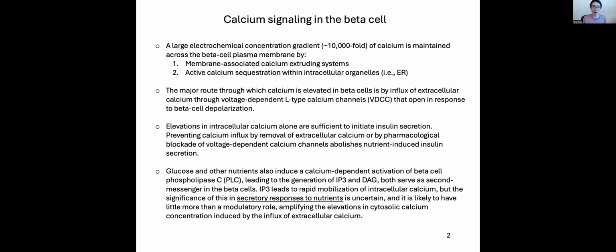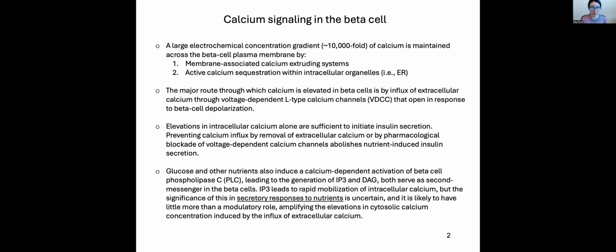So we talked about ion channels specifically in lecture 4, and we learned that for calcium ions, they are more concentrated outside of the cell compared to inside of the cell. So there is a large electrochemical concentration gradient of calcium that is maintained across the plasma membrane, in this case, beta cell plasma membrane. So how is it achieved?